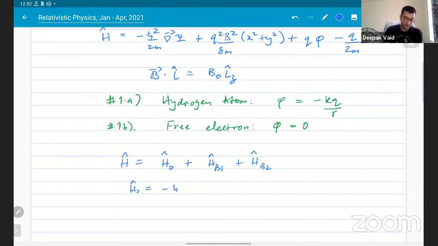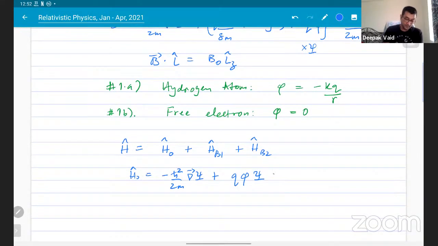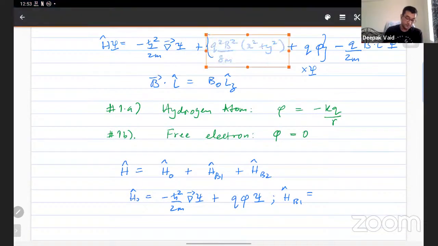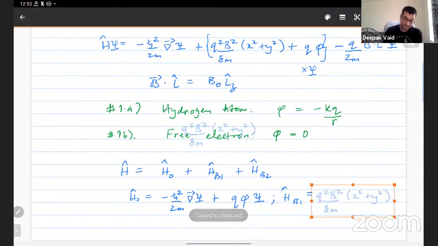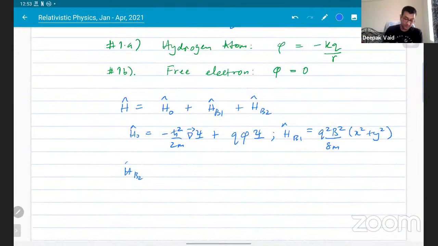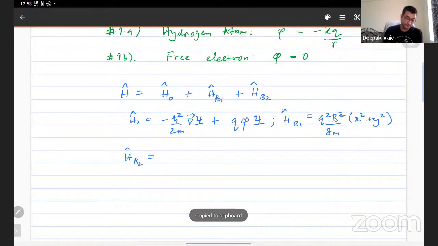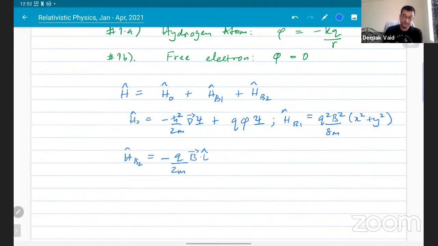H naught is my kinetic term plus Q times phi, and of course all of this should be multiplied by psi. Then HB1 is this expression over here, the diamagnetic term, and HB2 is the paramagnetic.